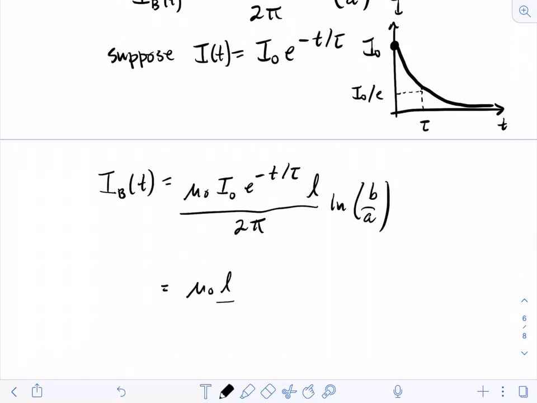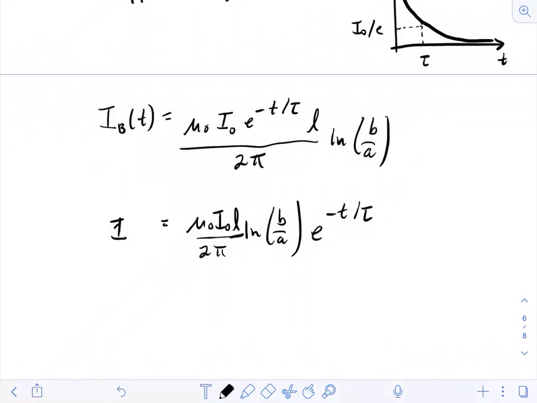Let's do mu naught I naught L over 2 pi ln of B over A. Those are all constants. So all we have left over now is e to the minus t over tau.